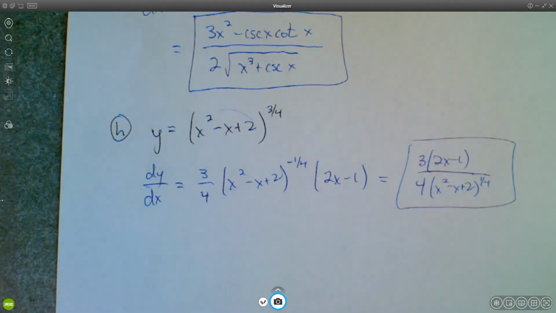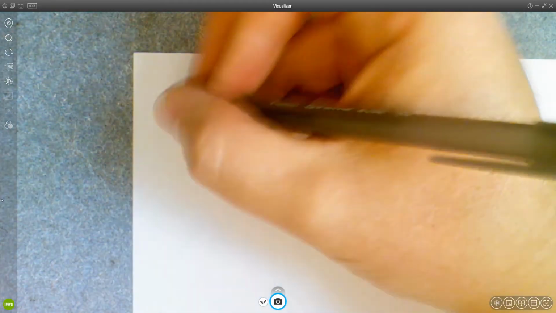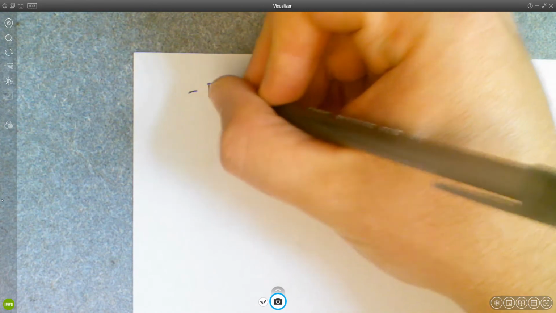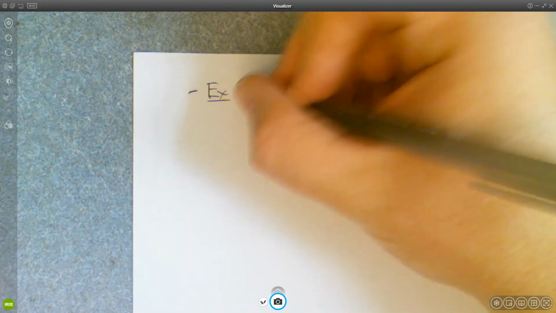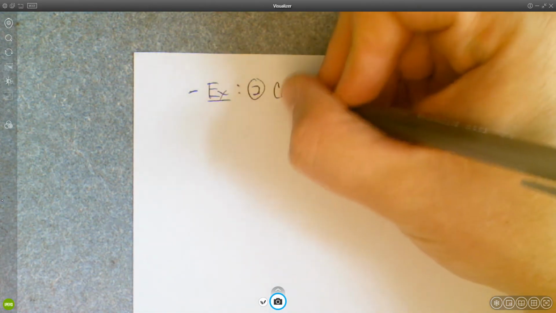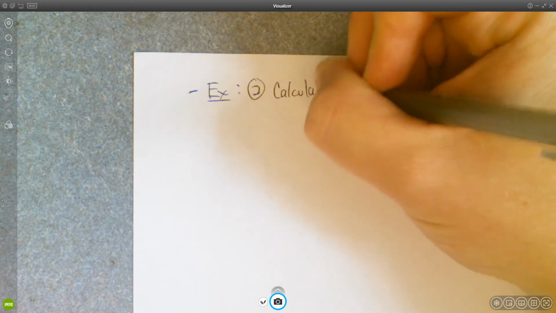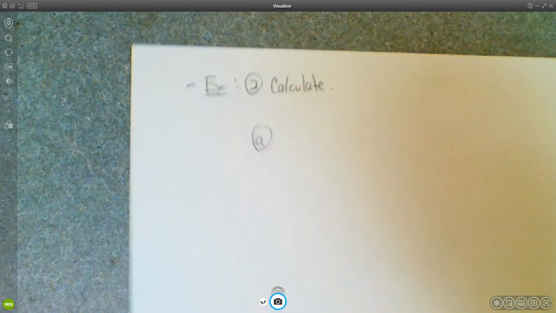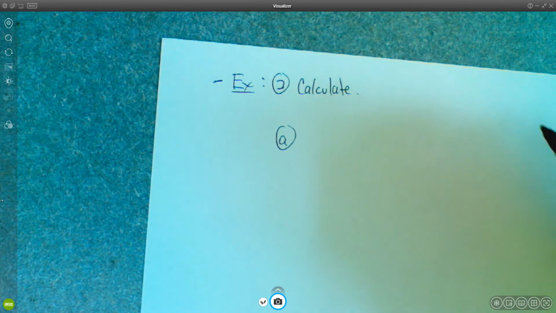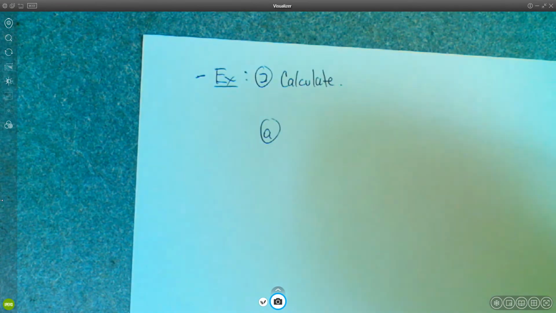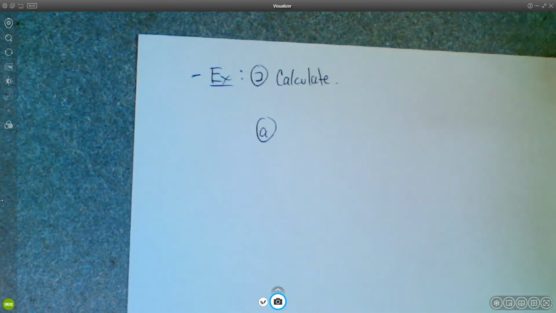So let me give you some more examples that are maybe a little bit more complicated. I don't know. Maybe you won't think so. So first of all, let's say that we had like a function within a function within a function.